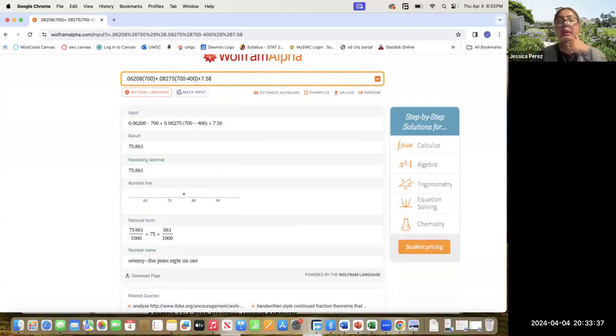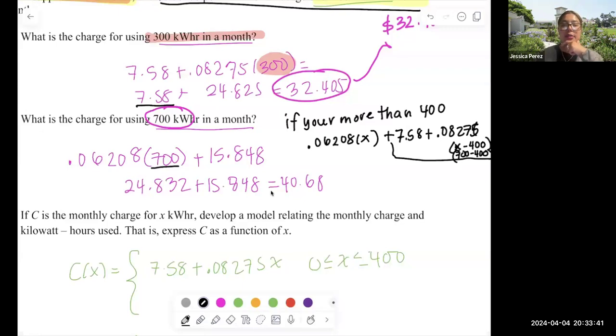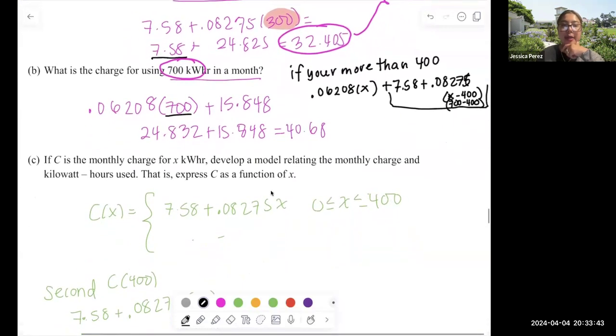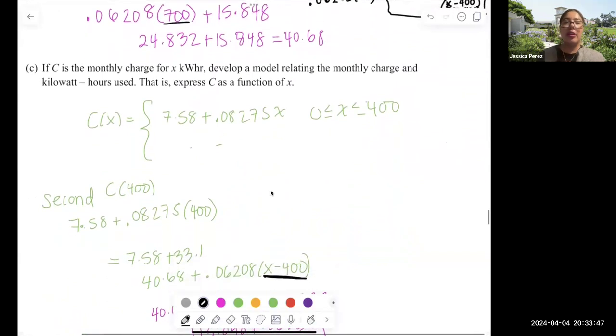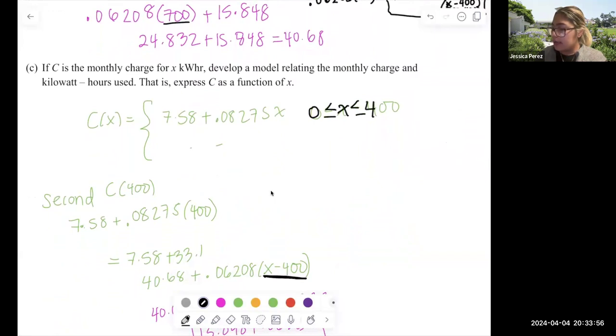Now I want to show you how you can separate it. Okay, so here, letter C, if C is a monthly charge, you develop a monthly charge that you want to use per hour. So this one is the initial when you are using up to 400 kilowatts. What happens if your X is greater than 400?